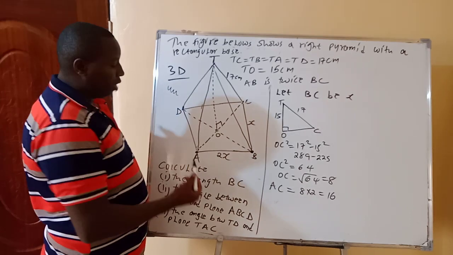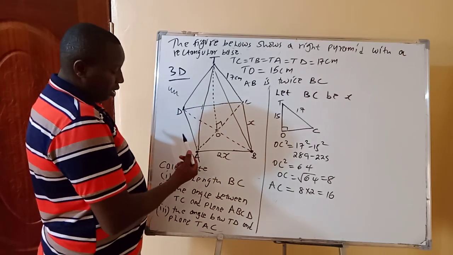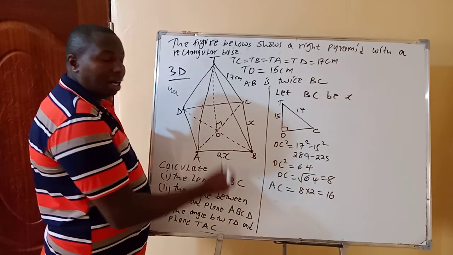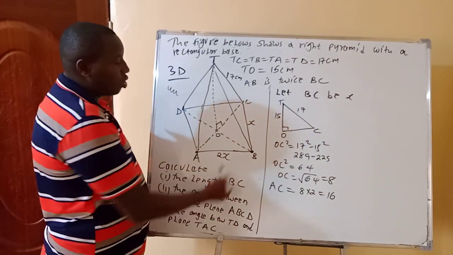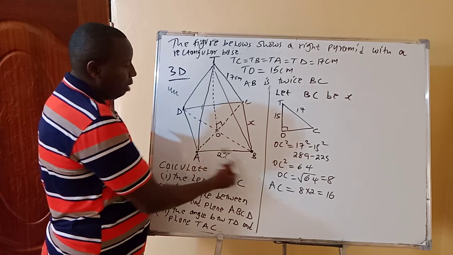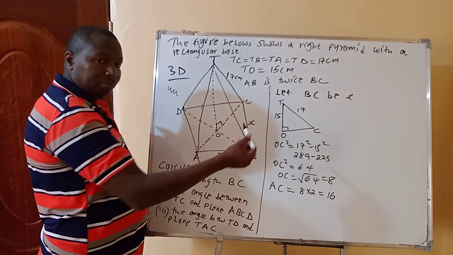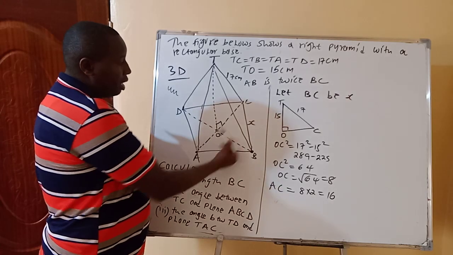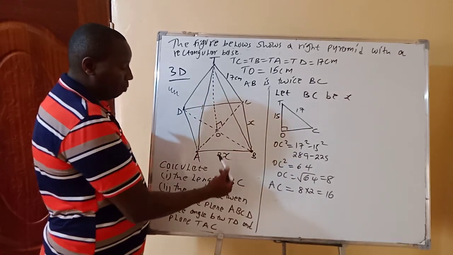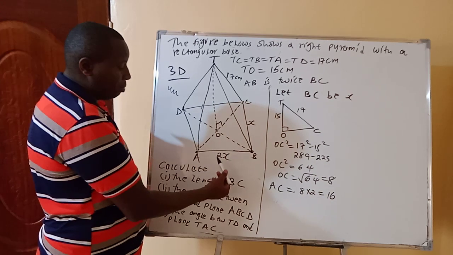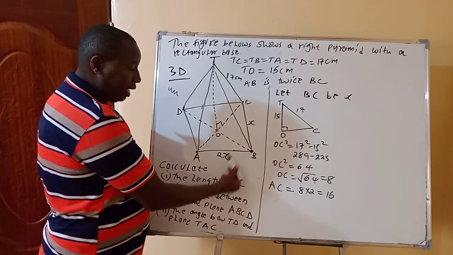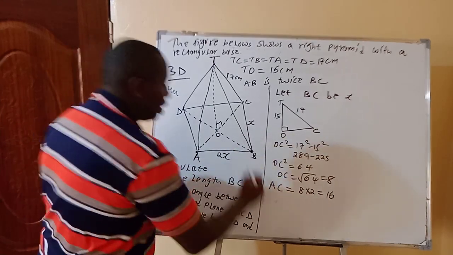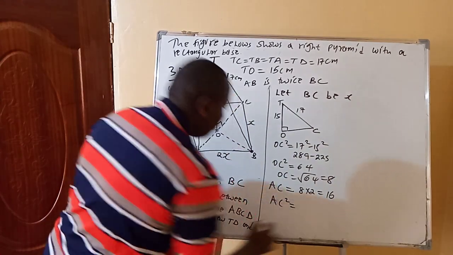Now, because the base is a rectangle, there must be a right angle of 90 degrees. So you take triangle ABC as a right-angled triangle, and using Pythagoras theorem you express AC in terms of x.